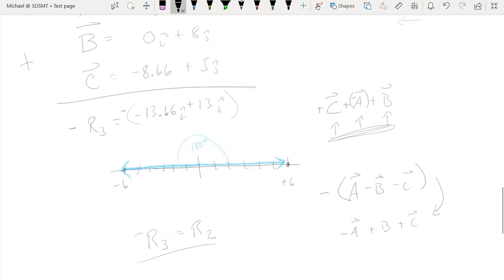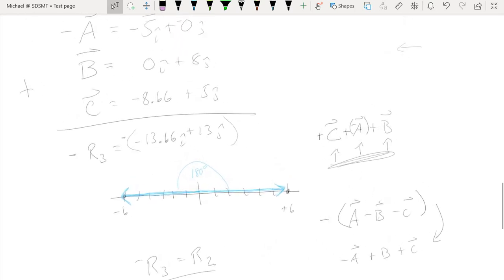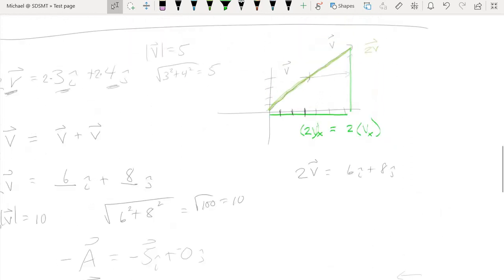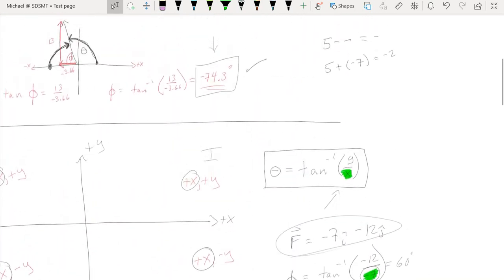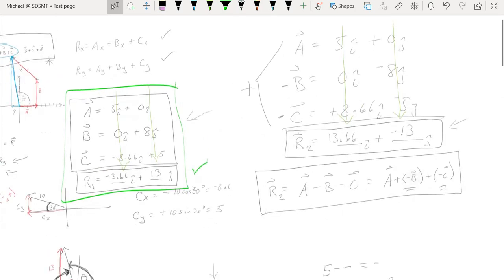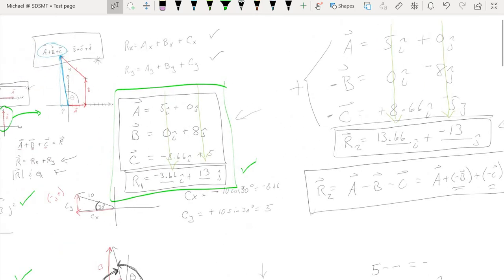Now I believe that'll be enough for one video for today, but we've now seen how vectors can be added together. Again, I will say that vector components are the way to go. If you are given vectors that are in magnitude and angle format and you have to add them together, please take the time, break them up into components. It is well worth the effort.